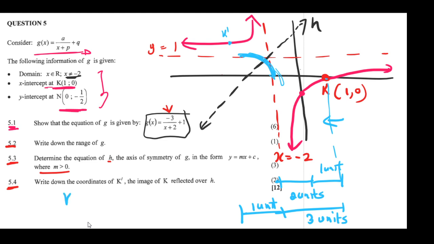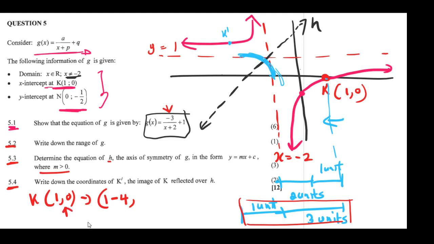So my original k, let me write it down. My original k was 1 and 0. But as I'm saying, we're going to need 4 units, as I wrote here. Meaning here it was 1, but minus 4, because it's going to the left-hand side. And then for the y, it was 0.